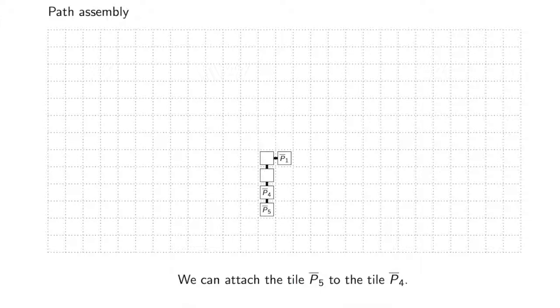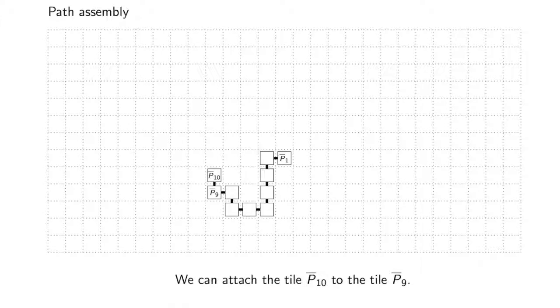The tile P5 can be attached to the tile P4. The tile P6 can be attached to tile P5. The tile P7 can be attached to the tile P6. The tile P8 can be attached to the tile P7. The tile P9 can be attached to the tile P8. The tile P10 can be attached to the tile P9.